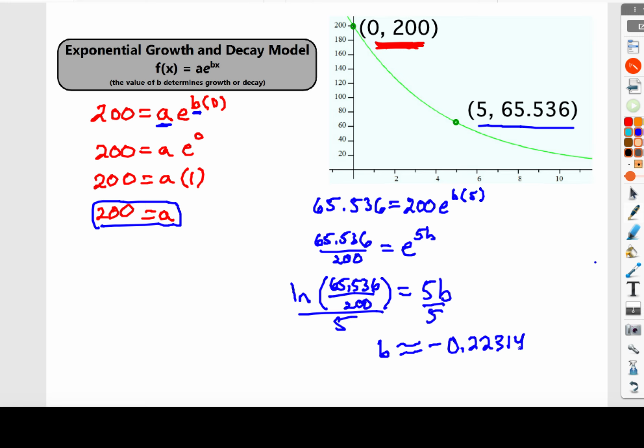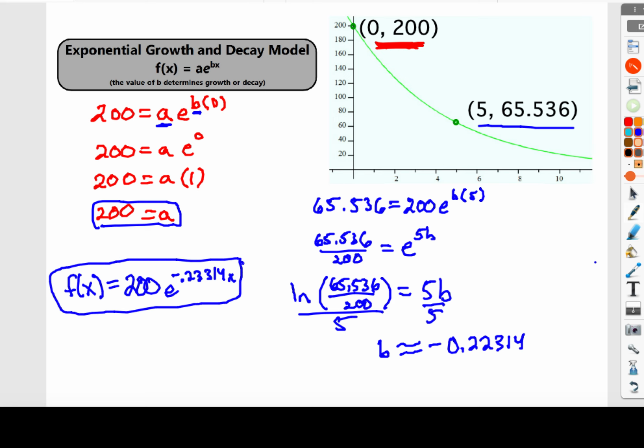And now I can write my model. So f of x would be equal to 200 e to the negative 0.22314 x. And again, that model should be the model of that green line in the upper right.